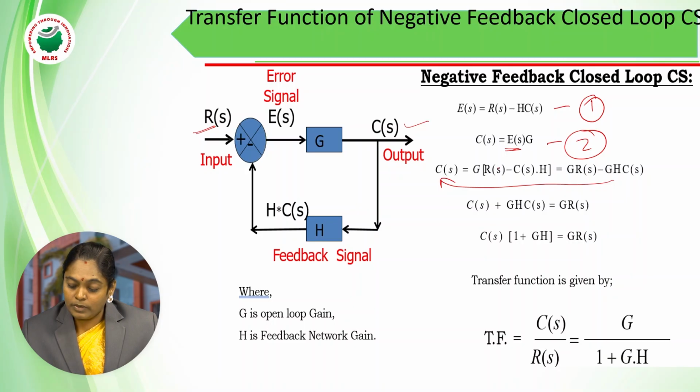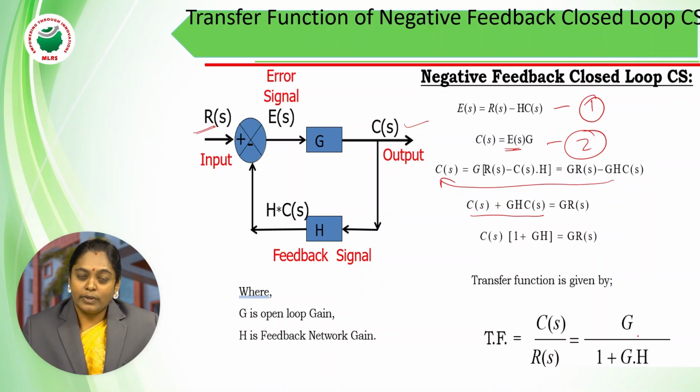So C(S) plus G into H C(S) becomes G into R(S). Taking C(S) as common, you get 1 plus GH. As you know, the transfer function is output by input. The output is C(S) and the input is R(S). So C(S) by R(S) becomes G by 1 plus GH.